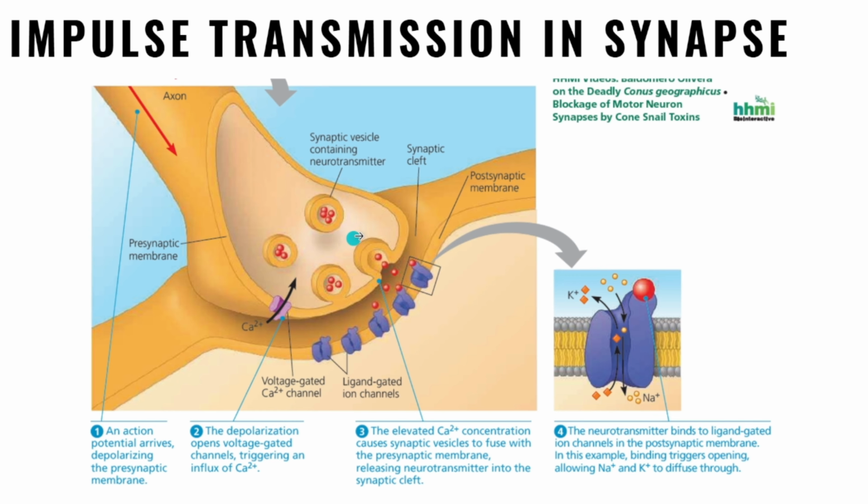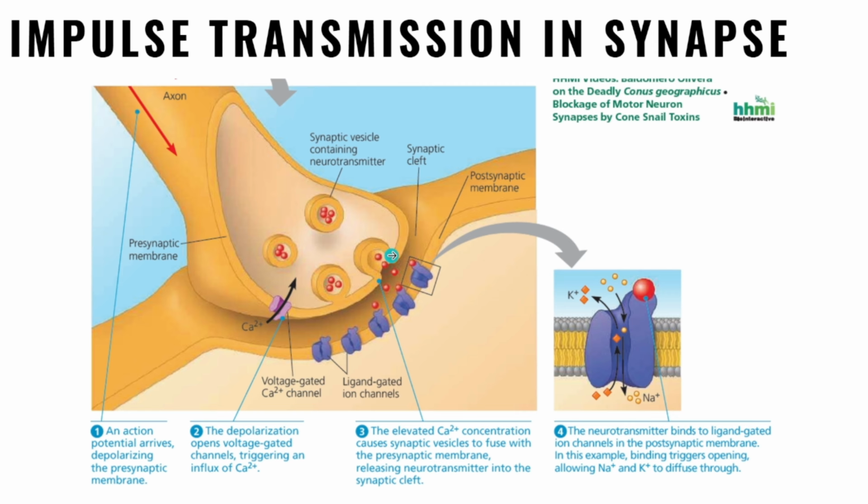This calcium ion causes the synaptic vesicles containing neurotransmitter to fuse to the presynaptic membrane. It is like an activator ion. It makes the synaptic vesicles fuse to the presynaptic membrane and release the neurotransmitter.